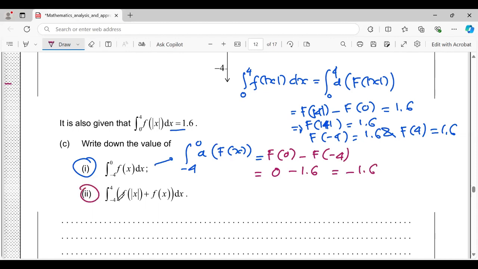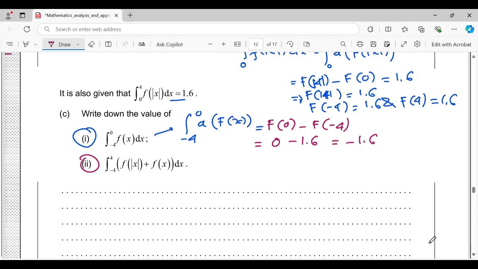And the second, this integral. For this integral, I will expand like this: from minus 4 to 4, better if it is from 0 to 4, minus, and after that from minus 4 to 0, and then 0 to 4.